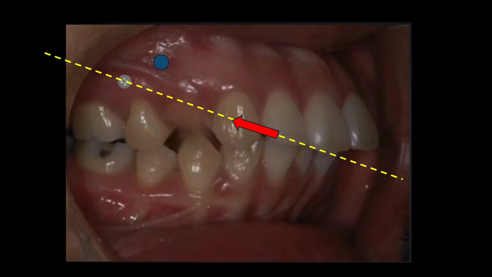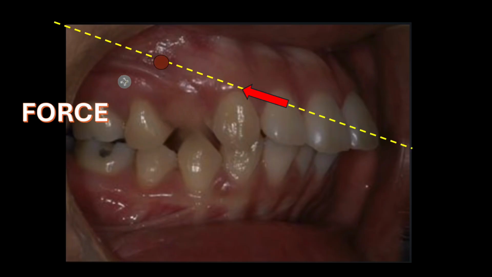Step number 4, transpose the equivalent force system at the center of resistance. As you can see, there is a distance from the center of resistance to the line of action of the force. So the force system at the CR is like this.